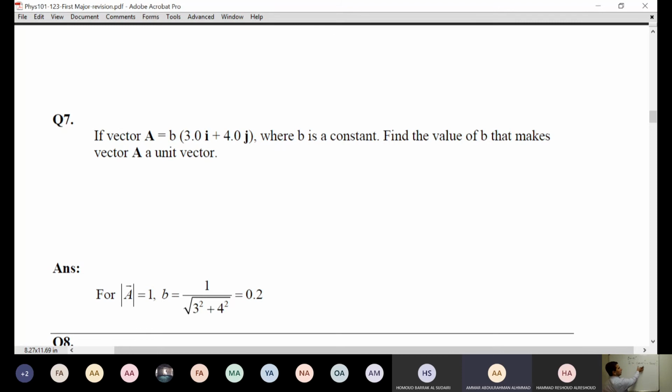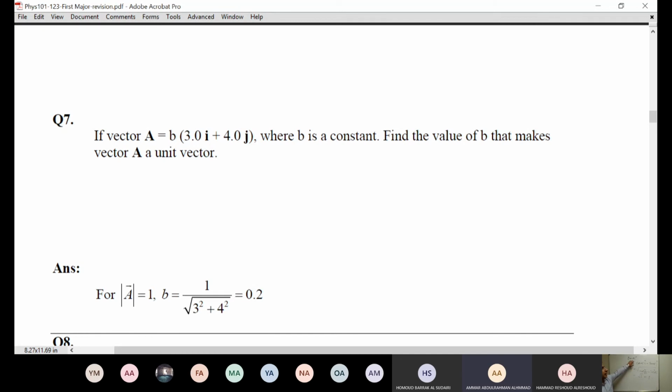Do you know when you take the magnitude of the unit vector A, you will get the square root of cosine squared plus sine squared? How much do you get by trigonometric functions? Cosine squared theta plus sine squared theta is equal to 1, right? Yes. Okay. No matter what the angle is, at the end you are going to find the answer 1. Under the square root, you get 1.